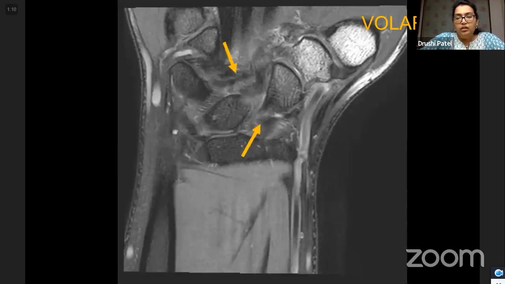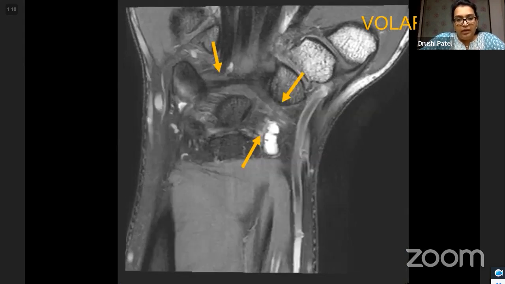These are the coronal images again in plane, where, depending upon the direction in which it is going, you can identify that this was the one which was connecting the capitate with the triquetrum across the hamate.